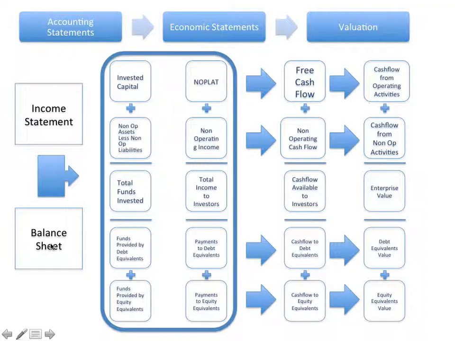We'll label everything operating a 1. We'll aggregate our operating items together, operating assets minus operating liabilities. And that's going to get us something called invested capital. Then we're going to take all the non-operating 2s. And again, we will aggregate all of them together, and we'll have our non-operating assets minus our non-operating liabilities.